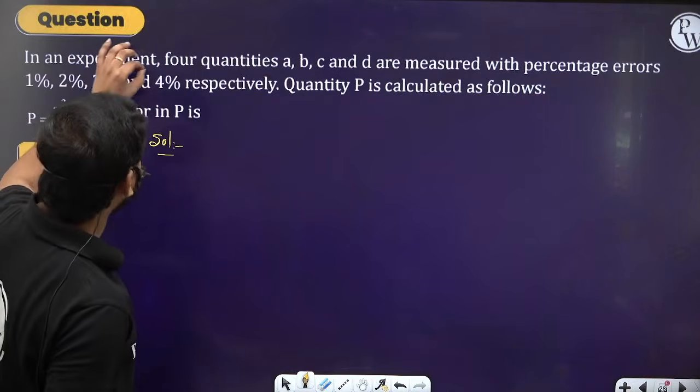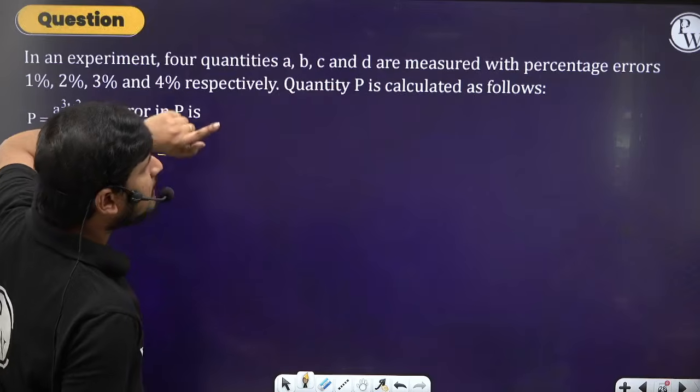So what does the question say? In the experiment, four quantities A, B, C, D are measured with percentage errors.